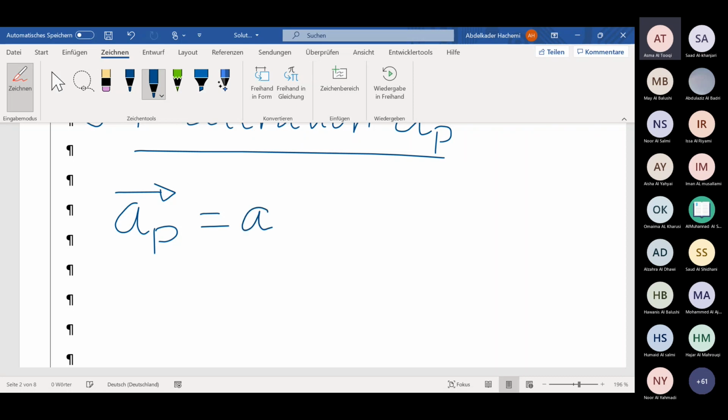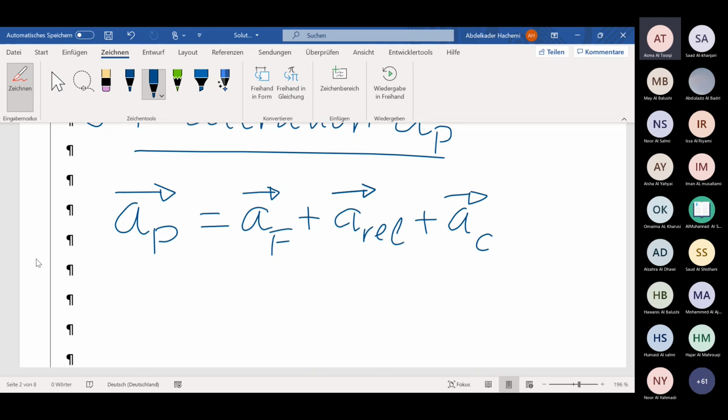That means we have a frame plus a relative plus a Coriolis. Okay, this is what we have, the three terms.